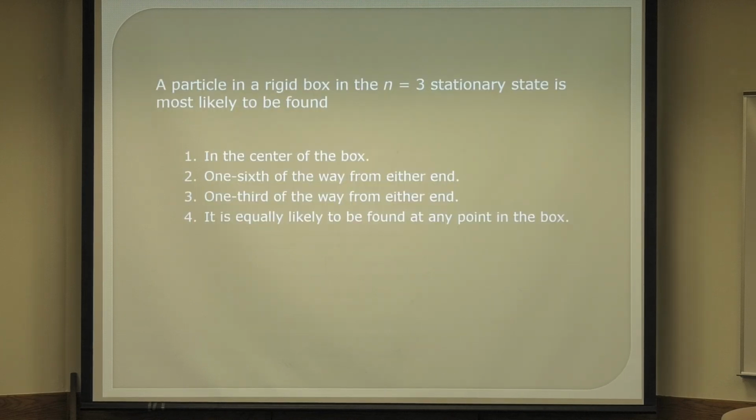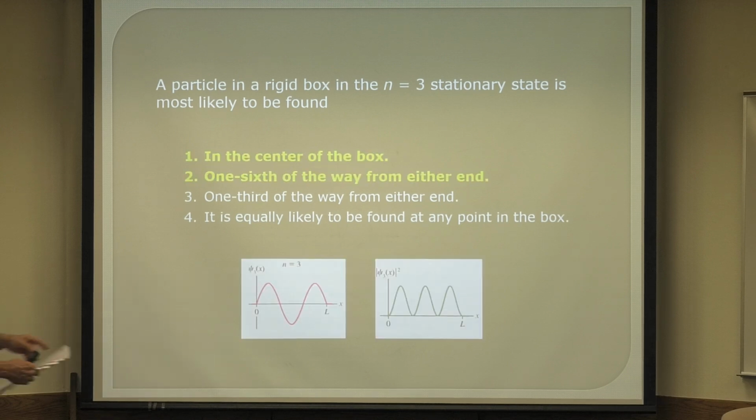All right, how about this? Pause your video and figure it out, please. Okay, a rigid box, n equals 3. So n equals 3 humps.